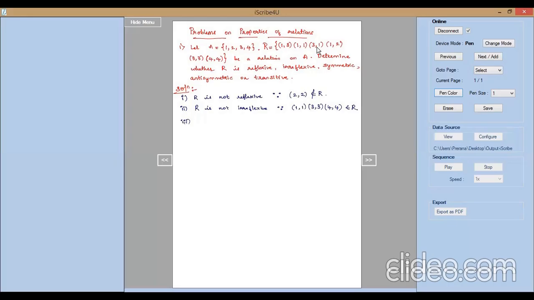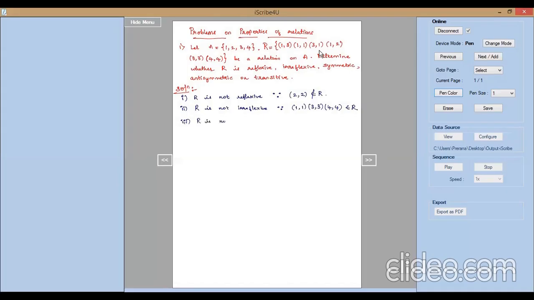Let us check for any other elements. Say I will check for (1,2). If (1,2) belongs to the relation R, (2,1) also should belong to relation R. But we observe (2,1) does not belong to the relation R. That is why it is not symmetric. We'll write down the same thing along with the reason.